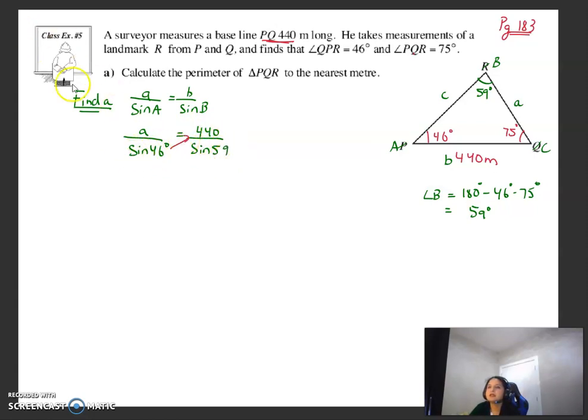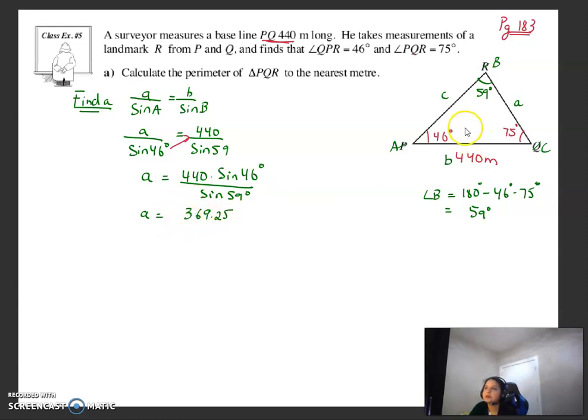Take this to the other side so that you can isolate A. And A will come out to be 369.25. Okay, so that's that side over here.